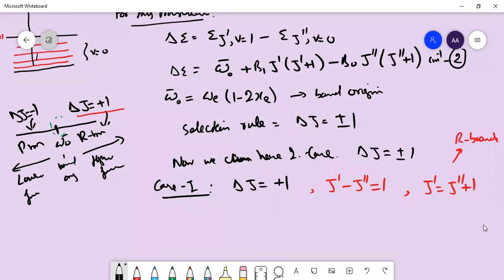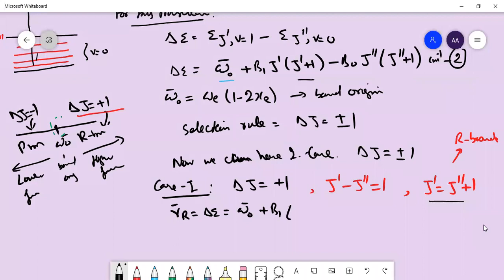Now I will put this value in our equation number 2, and I will write it as mu bar R, that is the wave number values for the R branches, is equal to delta E, which is equal to omega naught bar, we have already here, plus B1. I'm not doing anything with this B1. Now, in place of this J', I will substitute J'' plus 1.